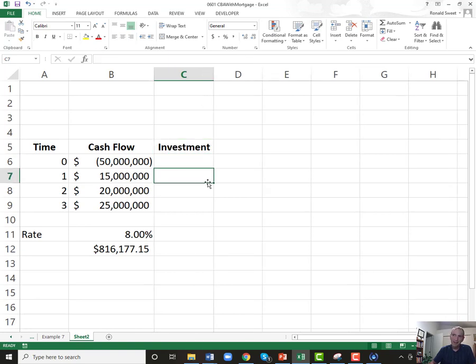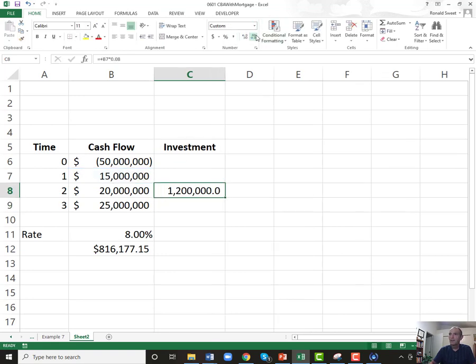We won't get any the first year because this $15 million comes exactly at the end of the year, but the next year we're going to make 8% on that. And in the very last year, we'll make 8% on the 15 million, 8% on the 20 million, and 8% on the 8% we made last year. So there's our investment income.